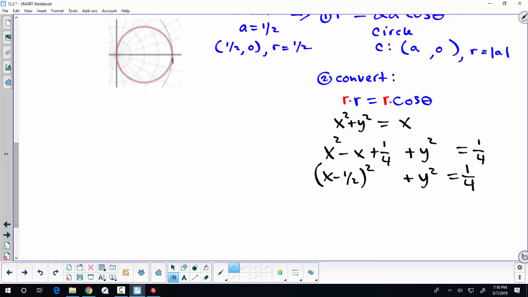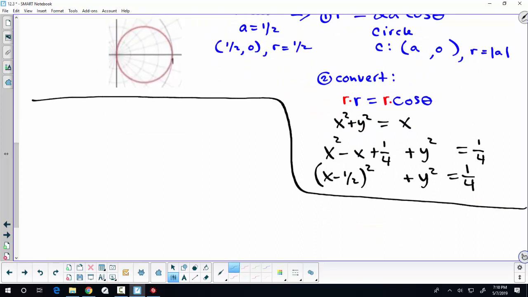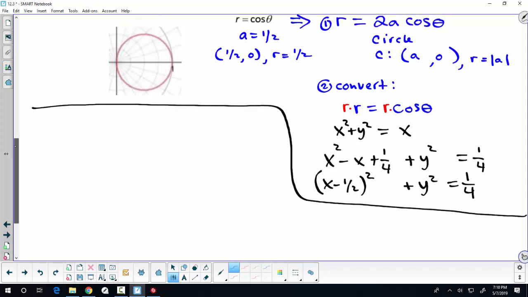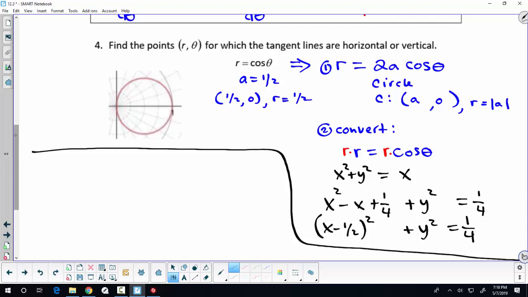So we've got to first find the derivative. So parameterize: we have r as cosine theta, so y is r sine theta, and x is r cosine theta.